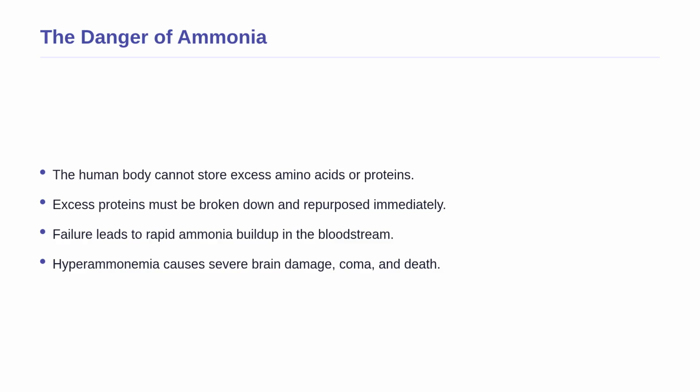Deamination provides the only safe pathway to separate the useful carbon skeletons from the potentially lethal nitrogen. If this process were to fail, ammonia would rapidly build up in the blood. This condition, known as hyperammonemia, is highly toxic to the central nervous system and can quickly lead to severe brain damage, coma, and even death.